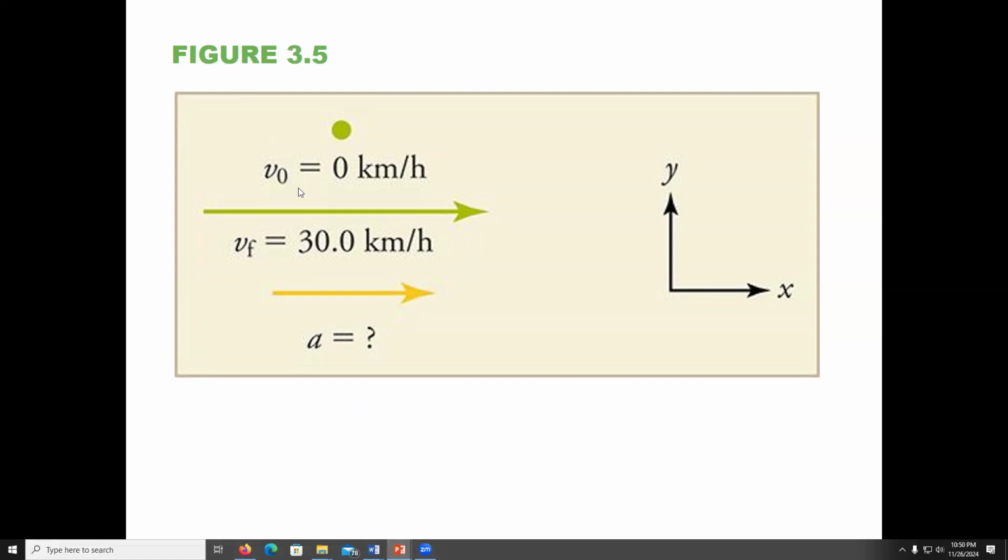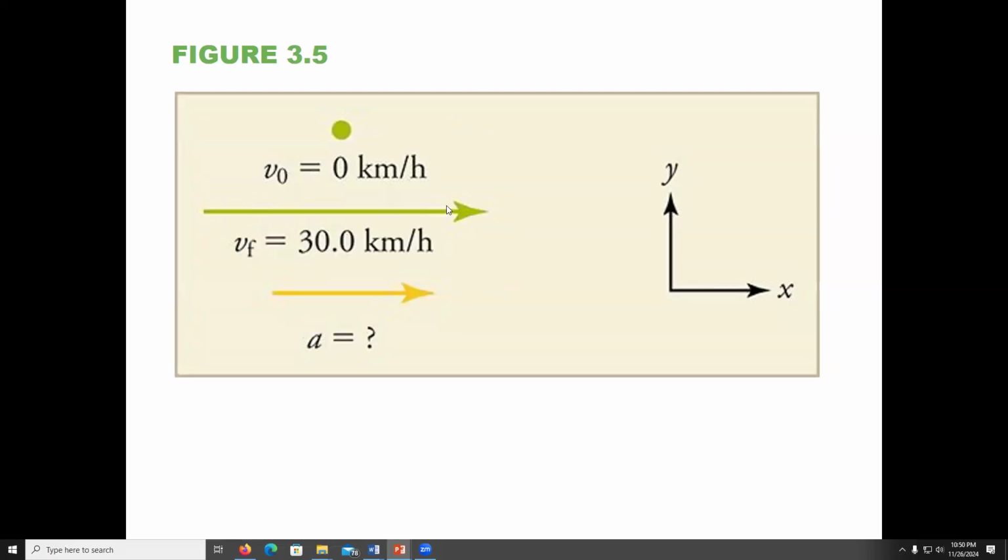So here our initial velocity is 0. Our final velocity is 30 kilometers per hour. My acceleration is the change in velocity, which is the final velocity minus initial velocity. So 30 minus 0 divided by the time, the hour. So our acceleration is going to be 30 kilometers per hour squared.